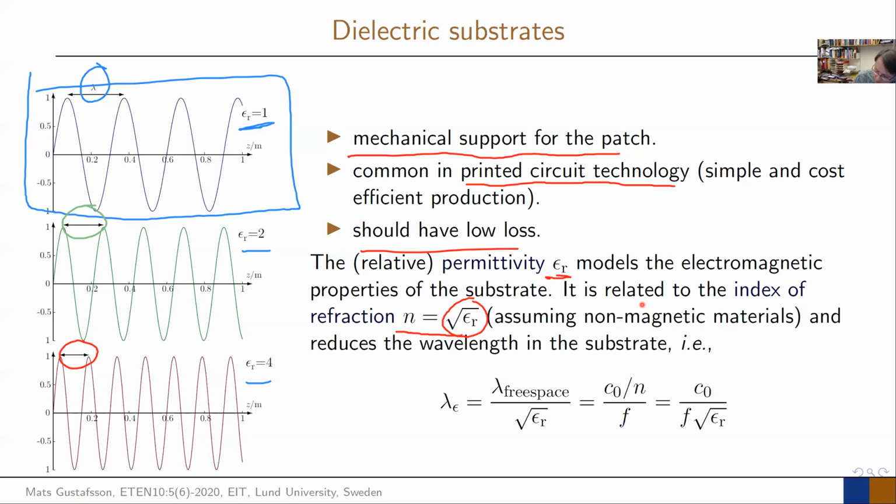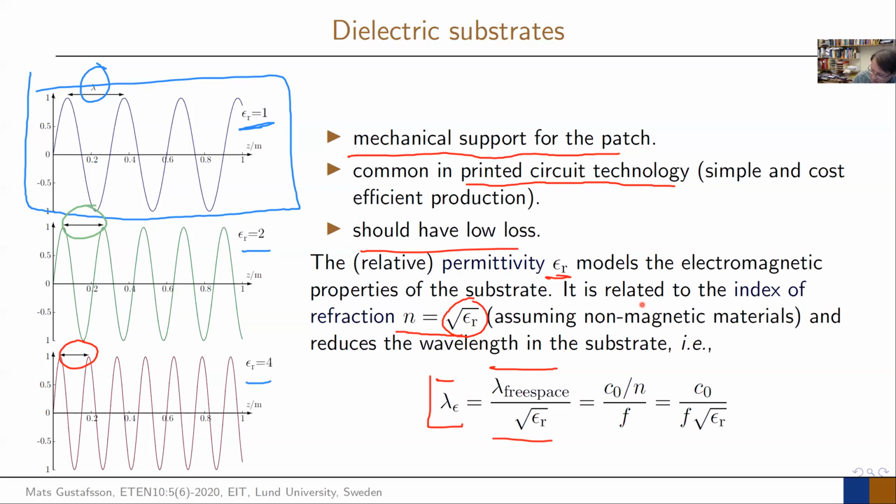And that means that the wavelengths here, if I take my epsilon inside of the material, is related to the free space wavelength divided by the square root of the relative permittivity.